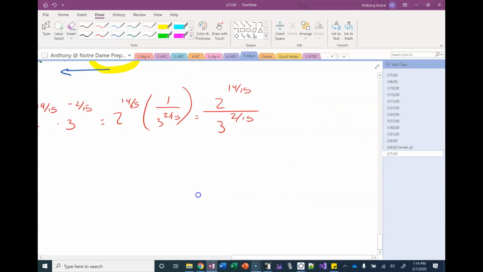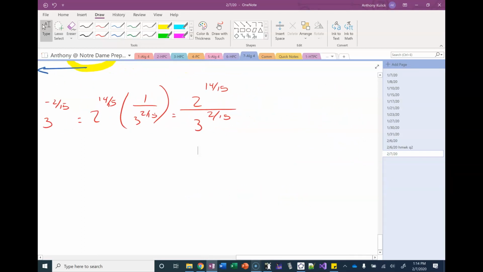So looking at 3 to the 2/5, what's the next whole number after 2/15? It's that easy. 1, right?